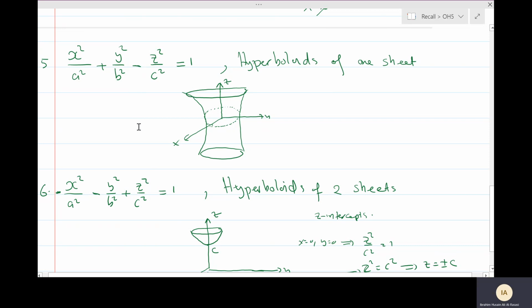Now here, what is the axis? The axis is the z-axis for both. But notice the axis goes with the variable associated with the fewer number of signs. I have 1 negative sign, 2 positive signs, so the axis will be the z-axis. I have 2 negative signs and 1 positive sign, the fewer signs with z, so the axis will be the z-axis.